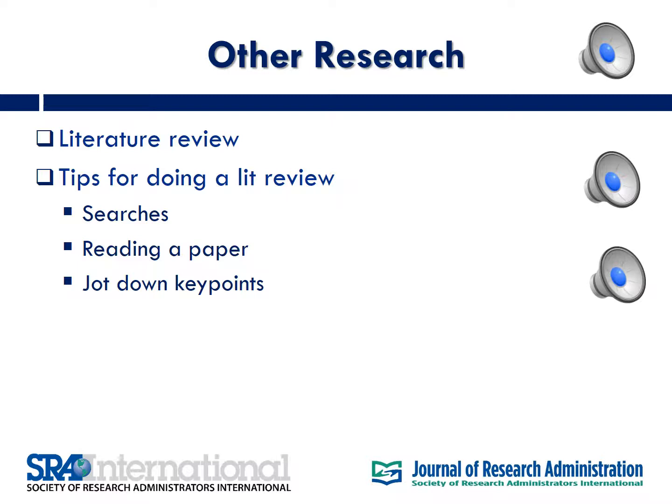In the end, your literature review should point towards your particular piece of research. It should justify why you want to do the research that you are going to report in your paper.